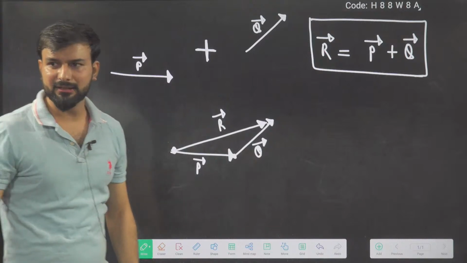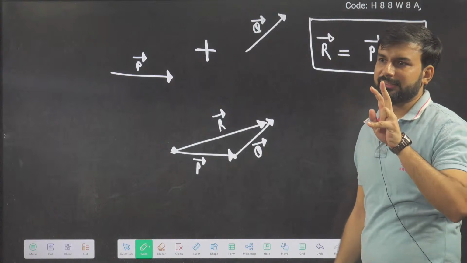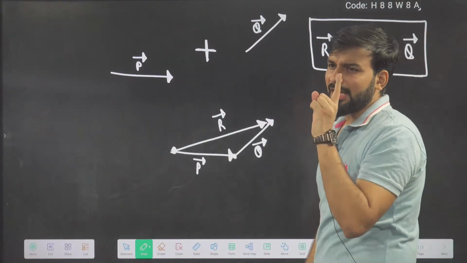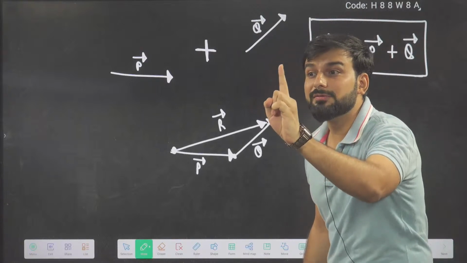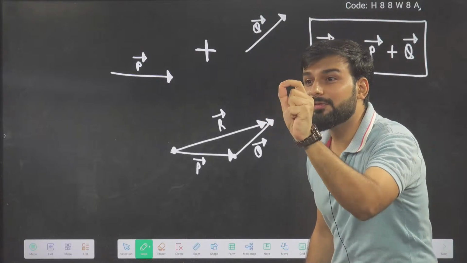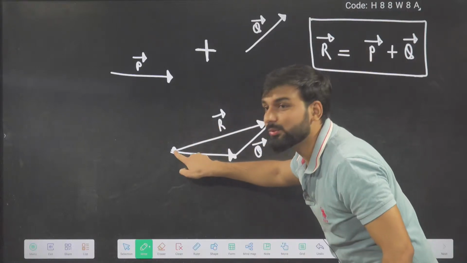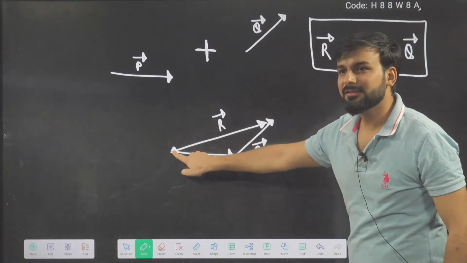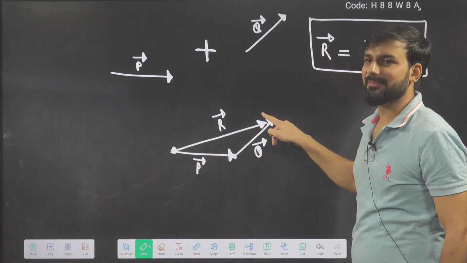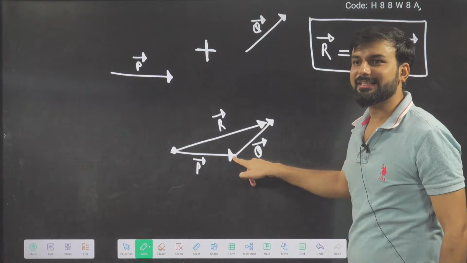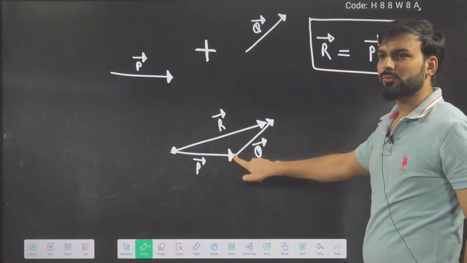And there is another trick. Out of these three vectors, there is only one vector whose head to head and tail to tail are matching. Here, only this vector has tail and tail, and heads matching. For these two vectors, P and Q, head and tail are matching.